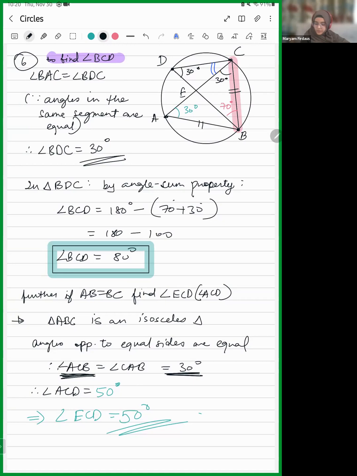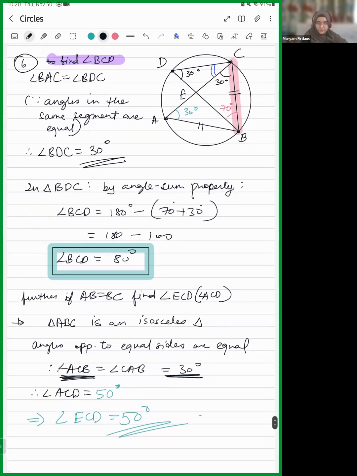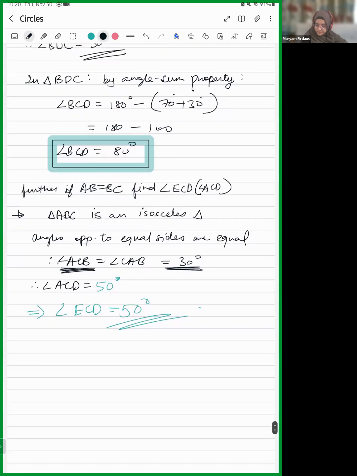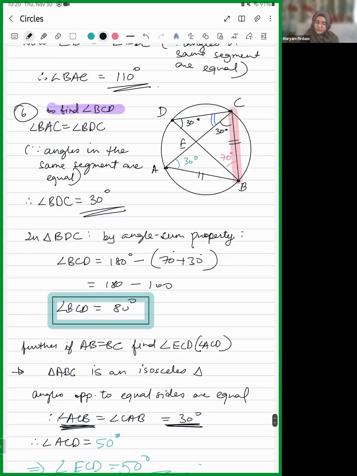Shall we move on to the next question? Yes? Okay. Next question also, we have to write it. We have to make the diagram. We could have done it in another way, right?